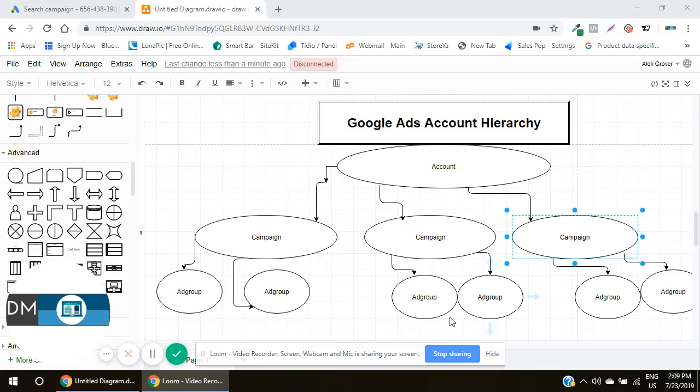Now I'll give you one more example. Say there's a user who wants to buy dumbbells, but these dumbbells should not be made of stainless steel, they should be made of cast iron. He is typing into the search engine dumbbells made of cast iron.